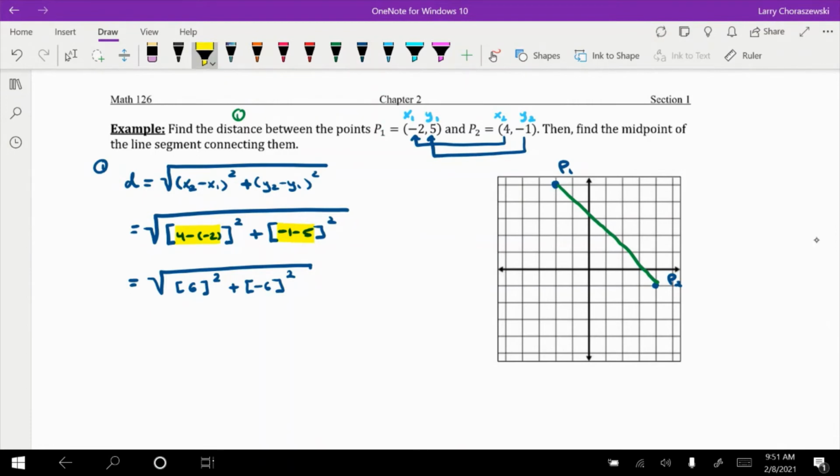Speaking of, we want to square next to get 36 plus 36 inside the square root. And we're almost there. The rest of the inside stuff that we need to do is adding the 36's together to get 72 inside the square root.